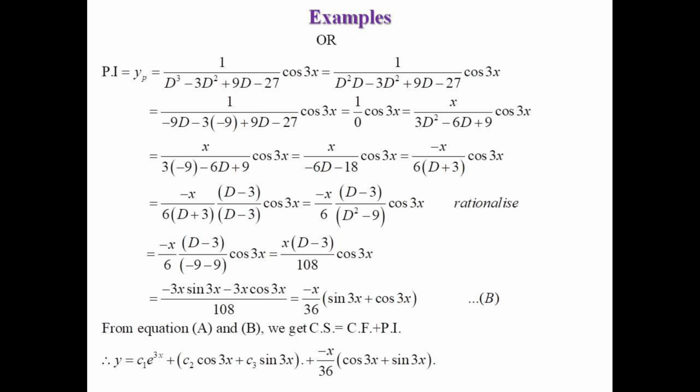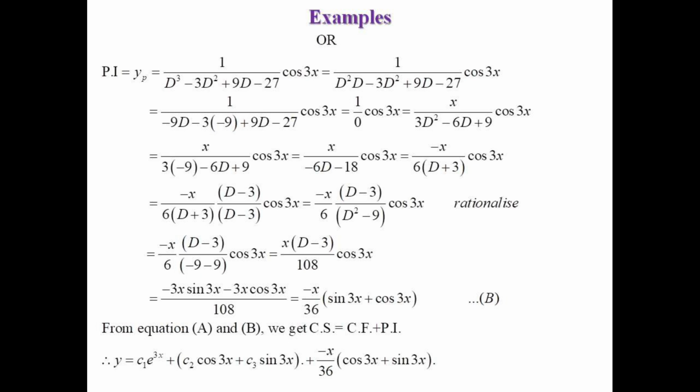Whenever we get the value of the denominator as 0, attach x on the numerator and take the derivative of the denominator. So here x upon the derivative of d cube minus 3d square plus 9d minus 27, which is 3d square minus 6d plus 9. Once again, if we apply formula type number 2 and replace d square by a square with minus sign, then we get x upon 3 into 9 with minus sign, minus 6d, plus 9, into cos of 3x.